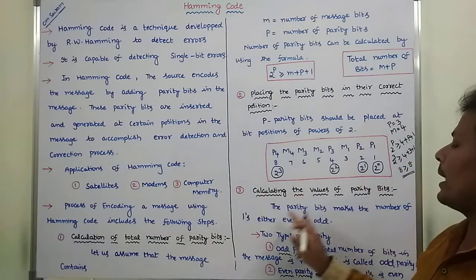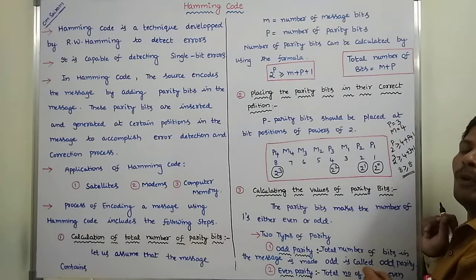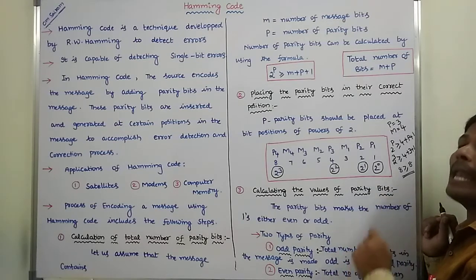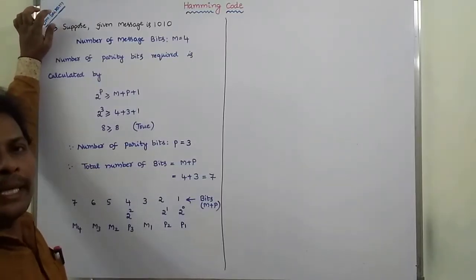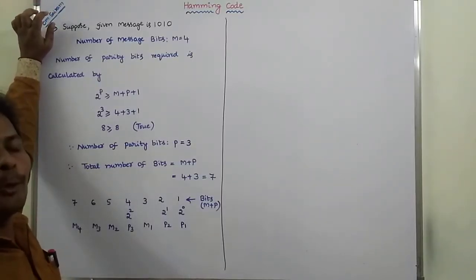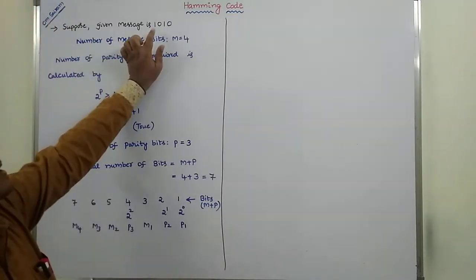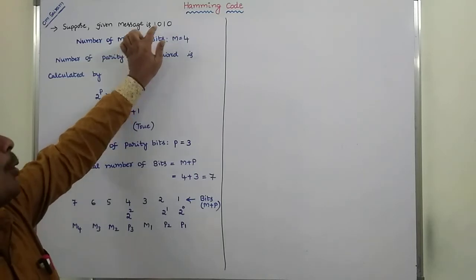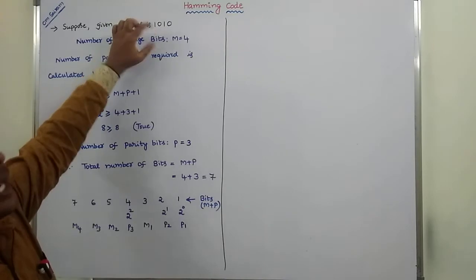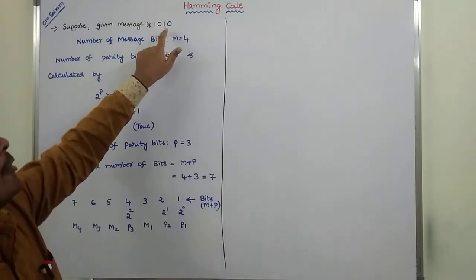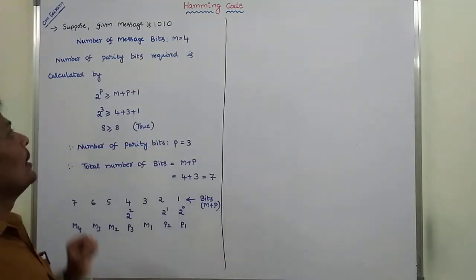Once we know odd and even parity, how do we calculate the parity bit value? Let's use an example. Suppose the given message is 1010. The number of message bits is 1, 2, 3, 4, so m is equal to 4.